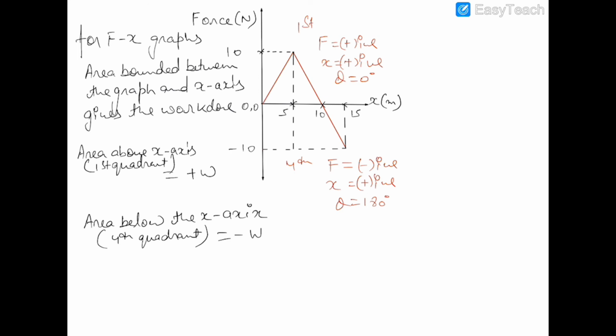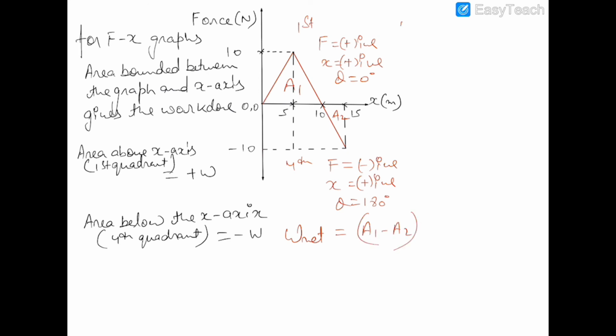So to find out the net work done, we need to find out the net area, which can be calculated by subtracting these two areas. So area of this upper graph is A1 and this is A2. So the net work done will be A1 minus A2.